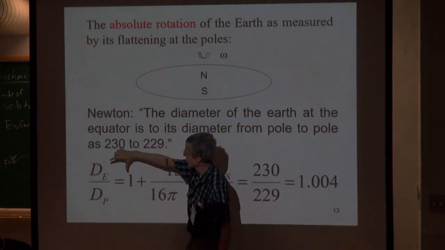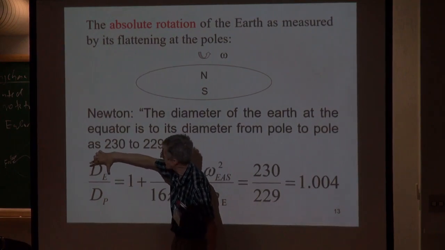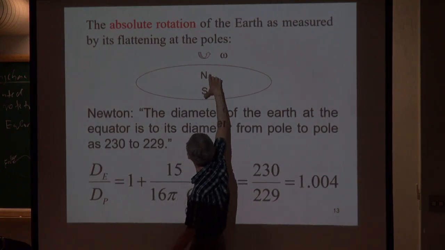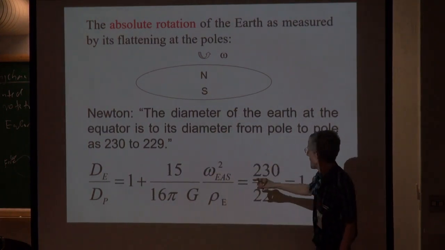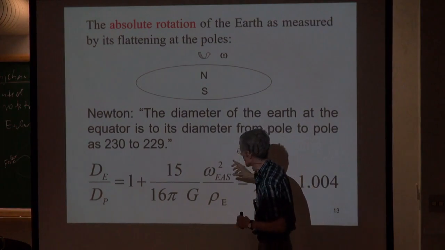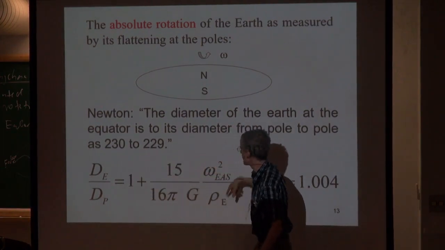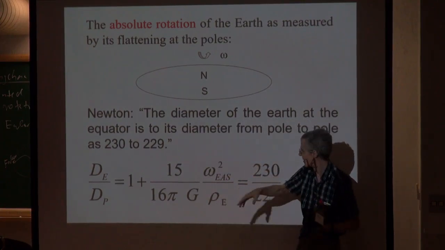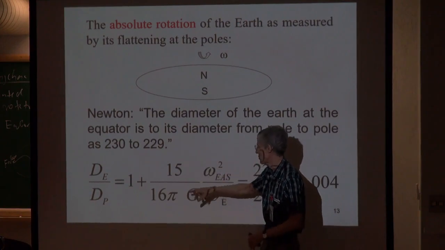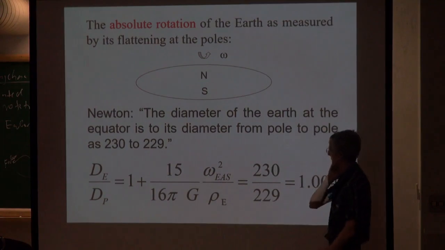This is the ratio between the diameter at the equator and the diameter from pole to pole, the ratio of these two distances. I won't show the details here. It would take 1 month, 2 months, or a year. But here is the final result of Newtonian mechanics. In our notation, it's capital G, and so on. But this is Newton. Newton made these calculations.